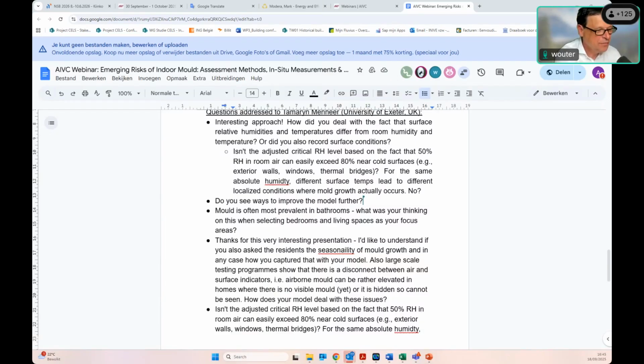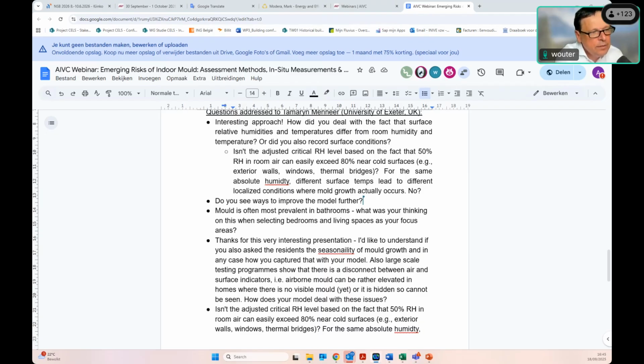How did you deal with the fact that surface relative humidity and temperatures differ from room humidity and temperature, or did you also record surface conditions? And then there was also an additional remark: isn't the adjusted critical RH level based on relative humidity questionable, given that 50% relative humidity in room air can easily exceed 80% near a cold surface?